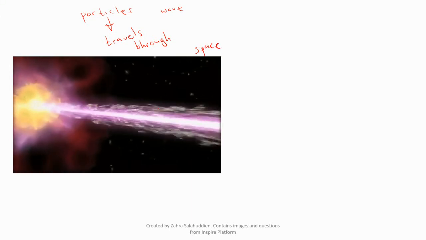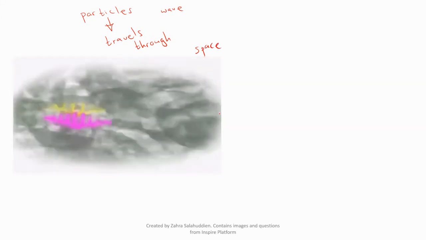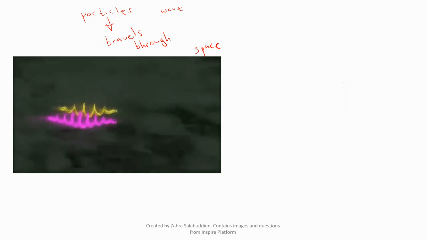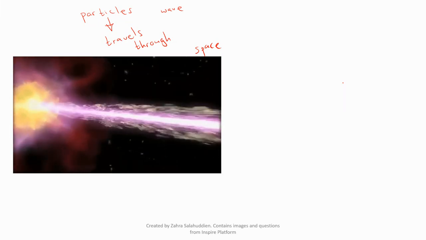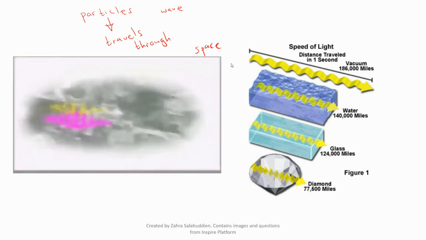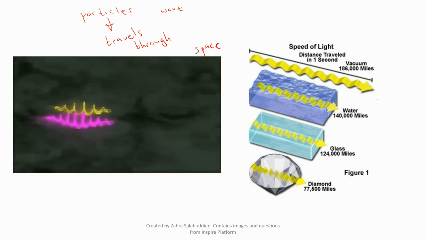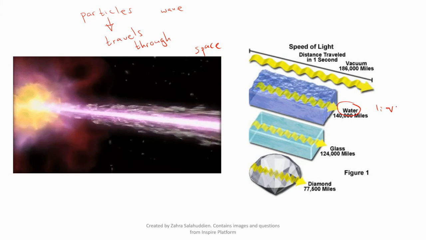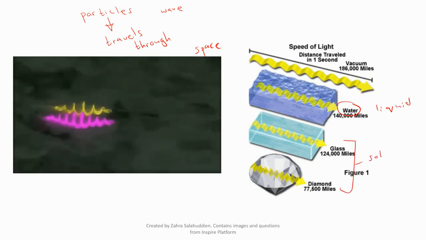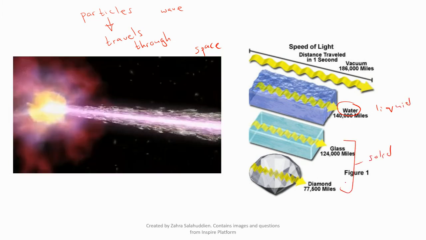So light is very quick when it moves through space. It's fastest there, and it has different speeds through different mediums. Light is quickest through space, and it gets slower when it moves through things like water, which is a liquid, and even slower when it moves through solids, like glass or diamond.